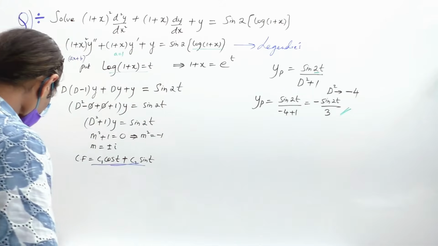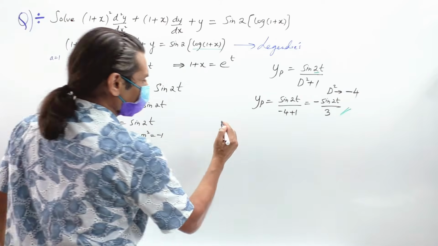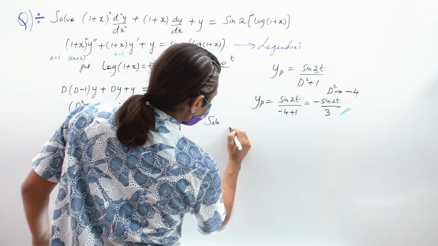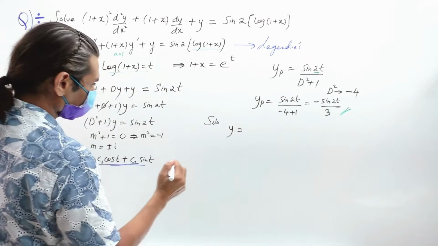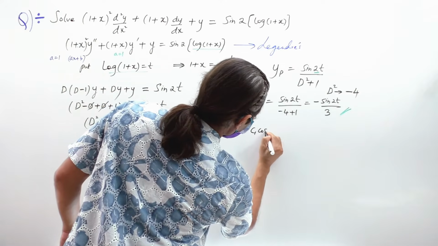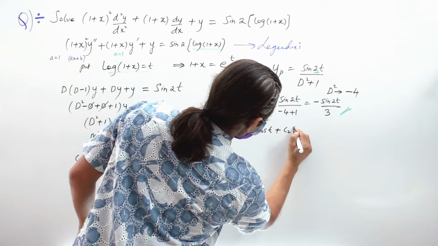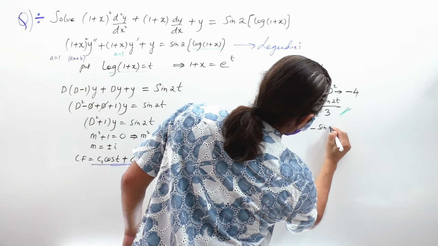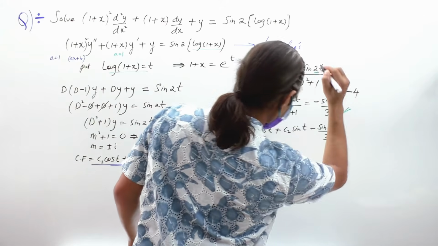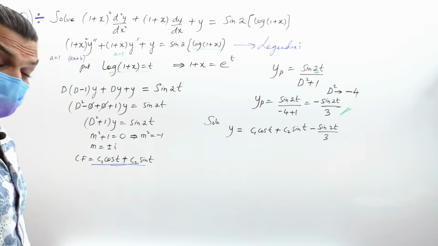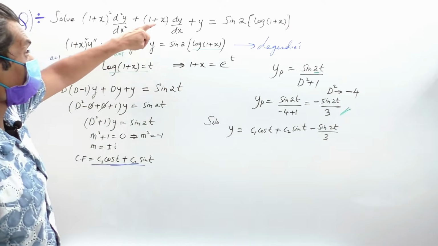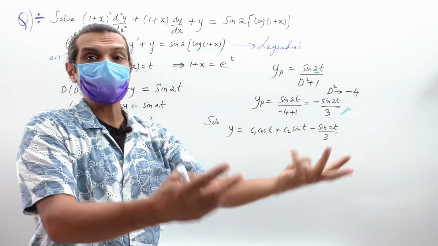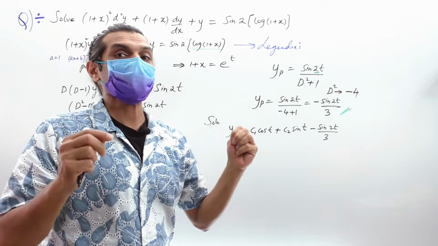Now as you know, the solution is CF plus PI. So let's write the solution as y is equal to C1 cos t plus C2 sin t minus sin 2t by 3. Done. But it's not over. The question is given in terms of x, so the solution also should be in terms of x only.